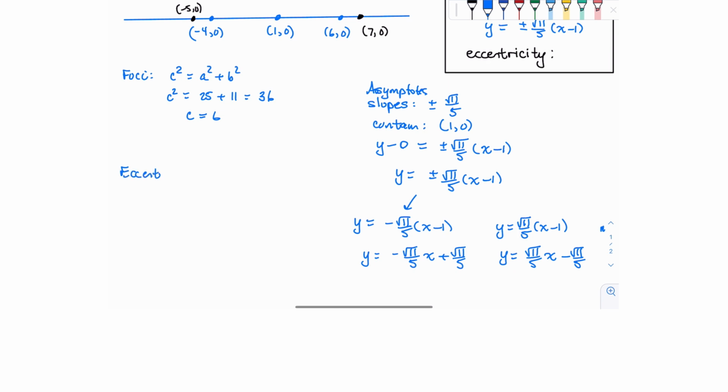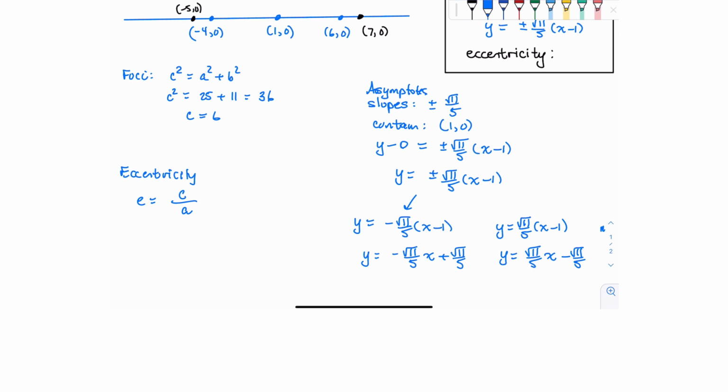And now eccentricity. Remember, the eccentricity of a hyperbola or an ellipse basically tells you how elongated the curve looks. And it is the ratio of the distance from center to focus to the distance from center to vertex.